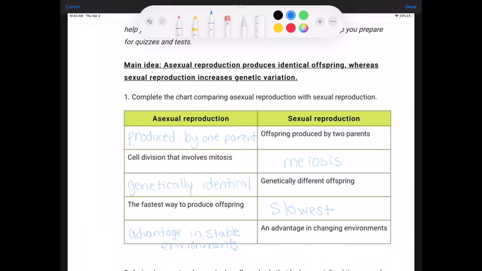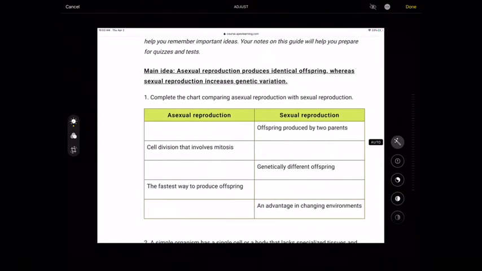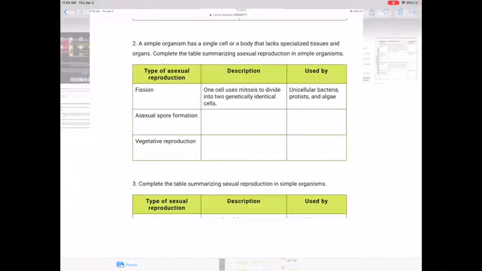Whereas sexual reproduction is more of an advantage when the environment changes because they're able to adapt to the environment. And now we're going to go on to the second part of the worksheet. I'll leave this for a second here. You can check your work.